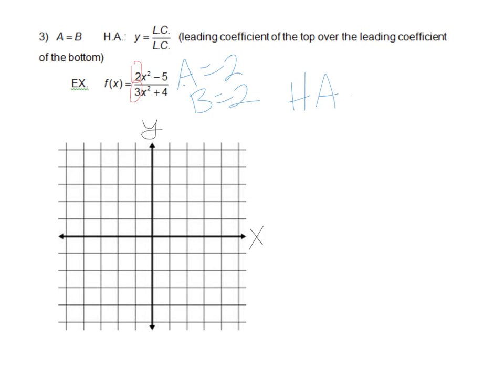Our horizontal asymptote is y equals 2/3. So we go up to where y is 2/3, about right there. And there's our horizontal asymptote.